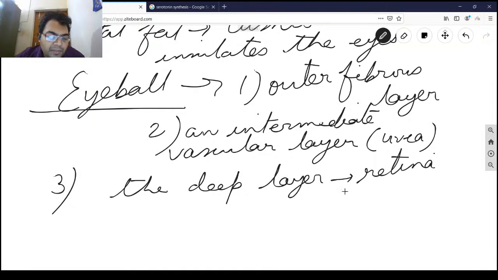Now if we talk about the retina, it does contain photoreceptors. We know that there are various kinds of photoreceptors. You might have heard of rods. Rods do not discriminate between the colors of light. They're highly sensitive to light, but they cannot discriminate colors.